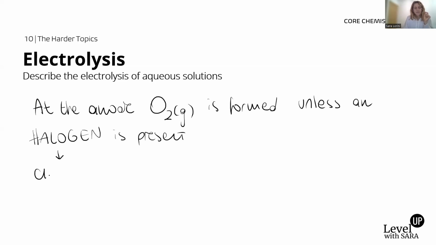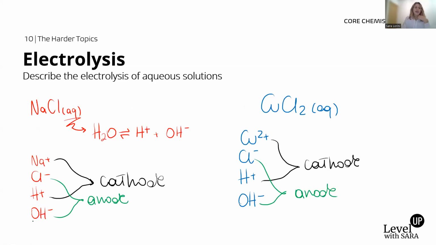Halogens, chlorine, ion. So, if we look at this, we have chlorine and hydroxide ion. We have a halogen, so it's chlorine that is formed.